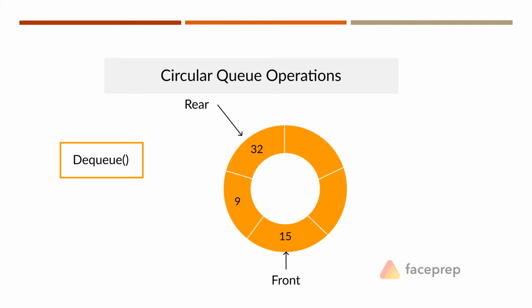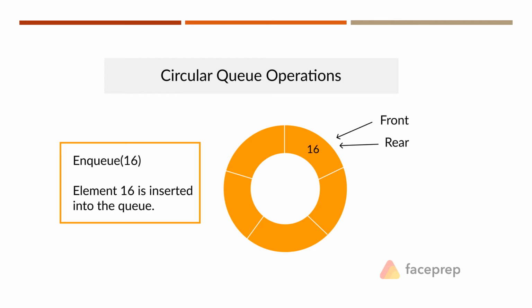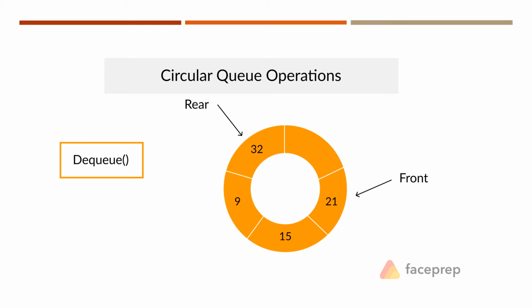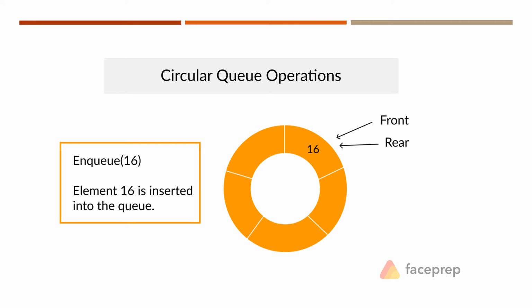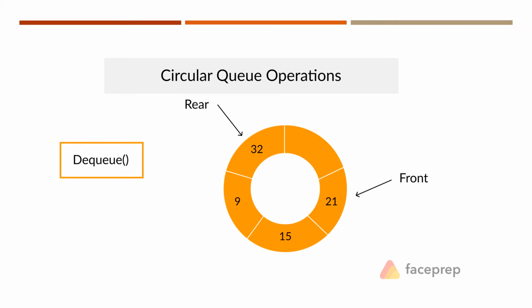On enqueuing an element, we circularly increase the value of the rear index and place the new element in the position pointed to by rear. On dequeuing an element, we return the value pointed to by front and circularly increase the front index. Before enqueuing, we check if the queue is already full.